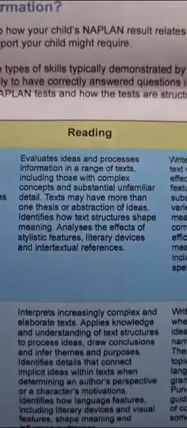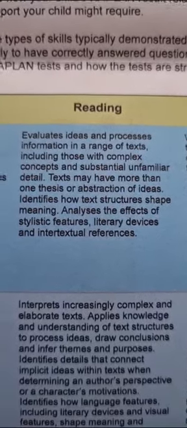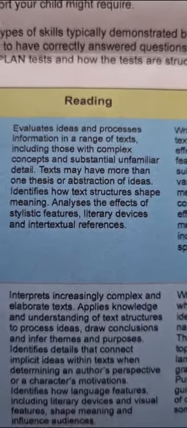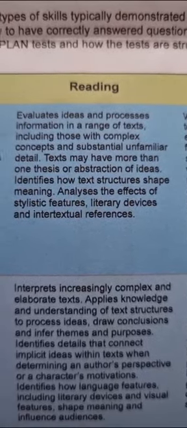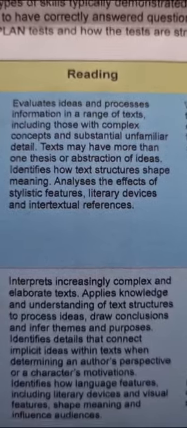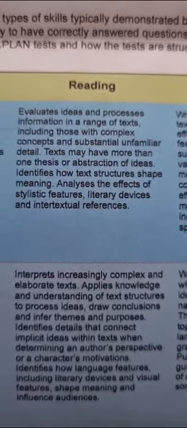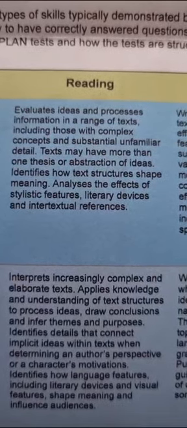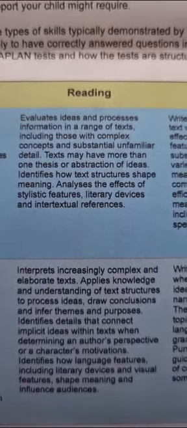Reading. Evaluates ideas and processes information in a range of texts, including those with complex concepts and substantial unfamiliar detail. Text may have more than one thesis or abstraction of ideas. Identifies how text structures shape meaning. Analyzes the effect of stylistic features, literary devices, and intertextual features. Writing.